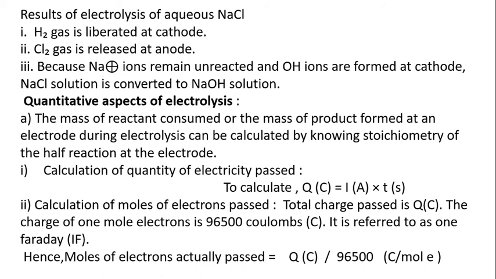To calculate that, we have to calculate the number of moles of electrons actually passed from the equation Q divided by 96500 coulomb, because for 1 mole of electrons to be passed, 96500 coulomb of electricity is required, and this 96500 coulomb is equal to 1 Faraday.